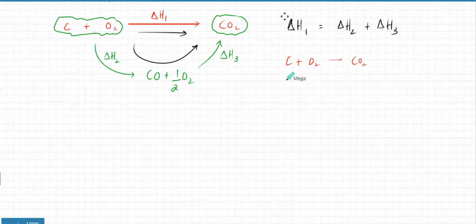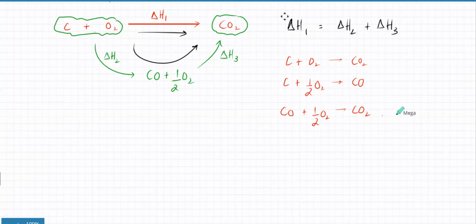You had another reaction where carbon was reacting with half oxygen molecule and it was producing carbon monoxide. And there was a third reaction where carbon monoxide was reacting with oxygen and it was producing carbon dioxide. So there were completely three separate reactions, but you found a relationship to link those three reactions together.